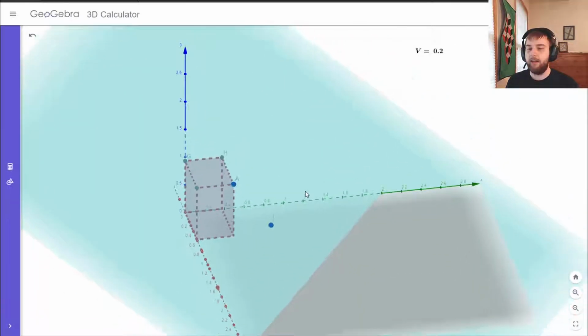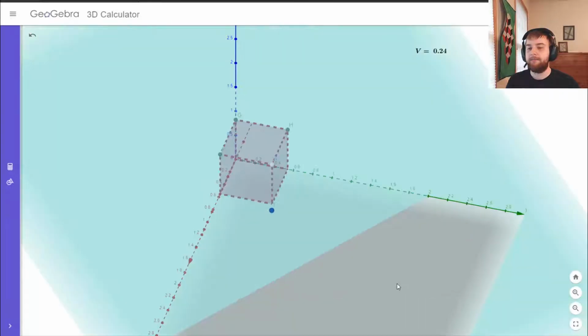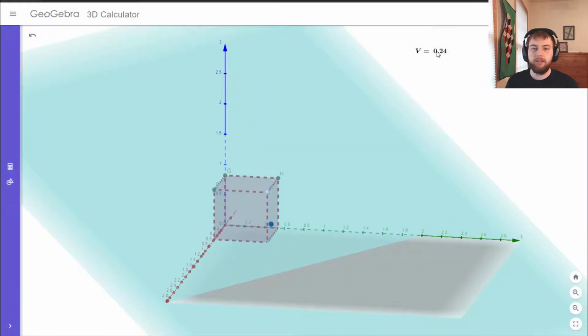So here's our plane and here's our box. We can move this point anywhere on this plane and it'll give us our box. And so there's the coordinate face, there's a coordinate plane, and that's the other one on the back. And it also calculates our volume for us, which we can see here.